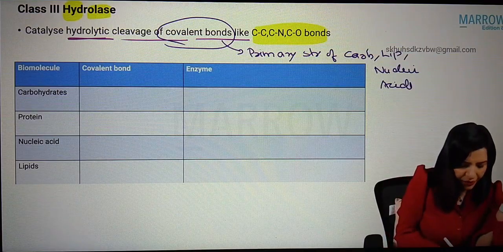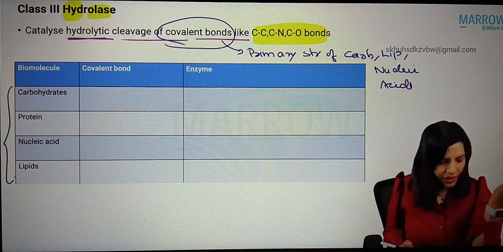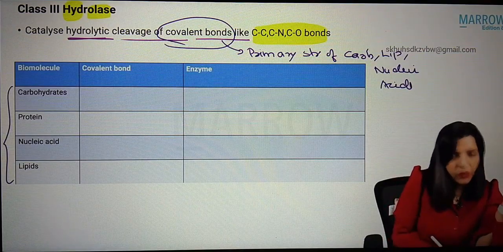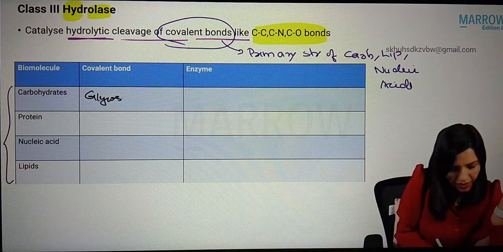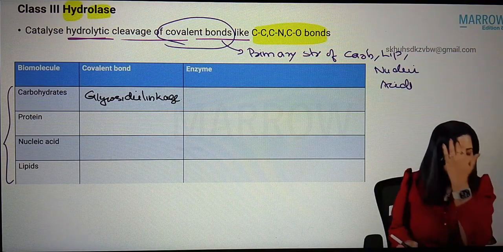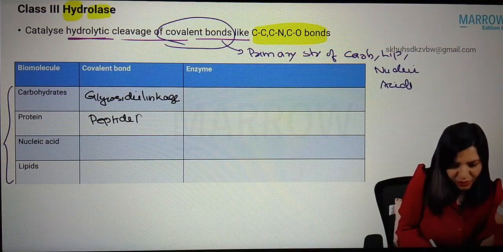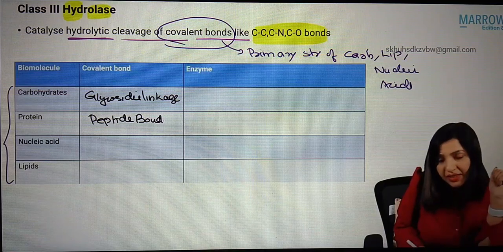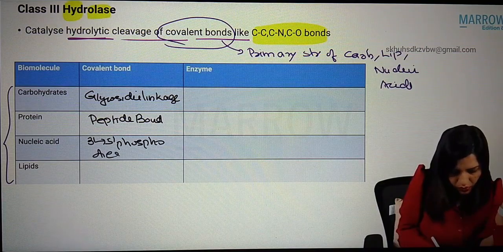Okay. So we have written the list of molecules which have these covalent bonds, right from the carbohydrates. Which is the covalent bond present in carbohydrate? It is the glycosidic linkage, right? Now, what about protein? The protein has a peptide bond, right? Nucleic acid has a 3 prime to 5 prime phosphodiester bond.